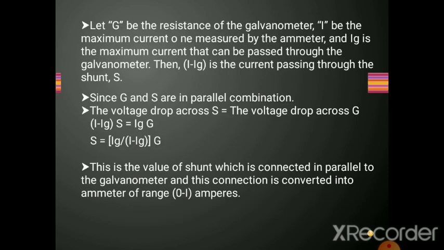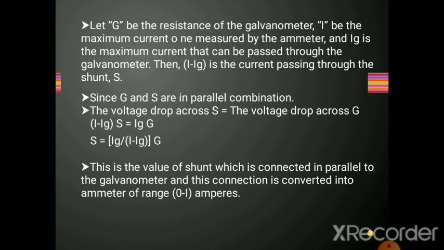Let G be the resistance of the galvanometer and I be the maximum current measured by the ammeter. Ig is the maximum current that can be passed through the galvanometer.